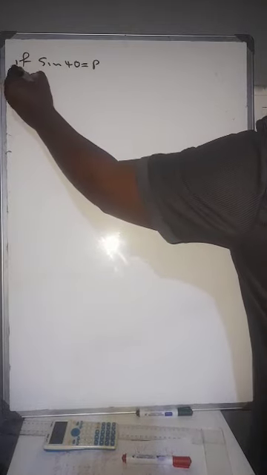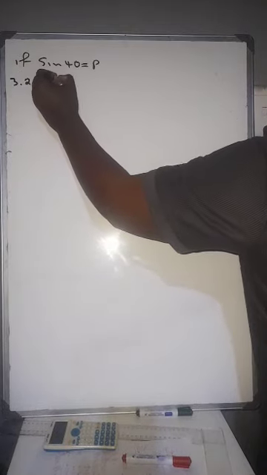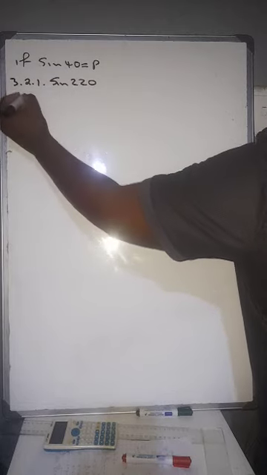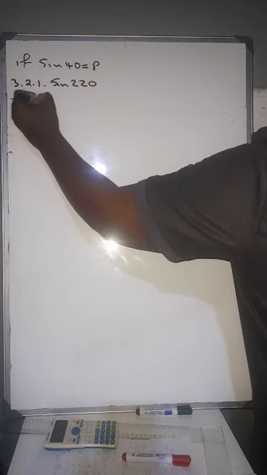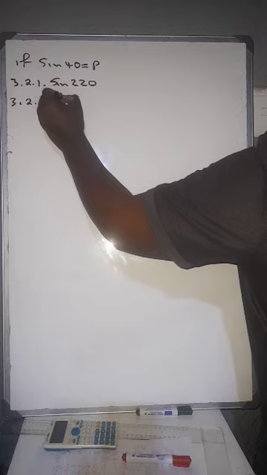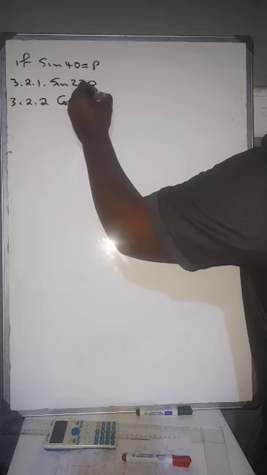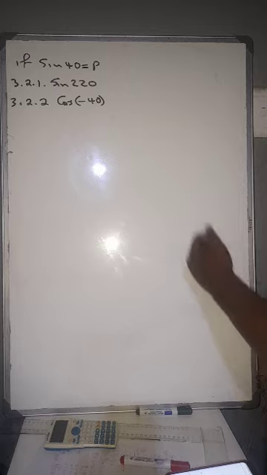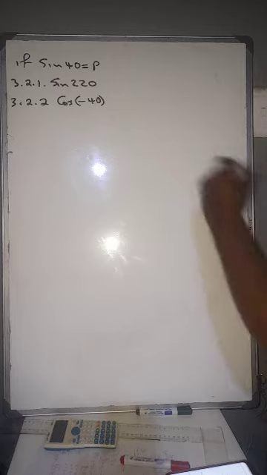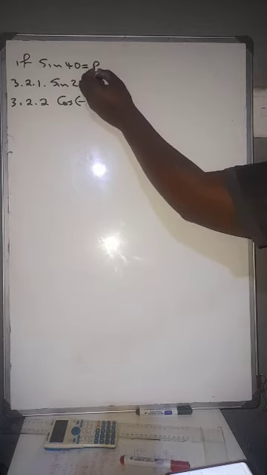Without using a calculator, we are supposed to determine sine 220 and cos negative 40. When you meet a question like this, it's best to use a diagram again. It's best to use a diagram, and just remember your p is p over 1 there.